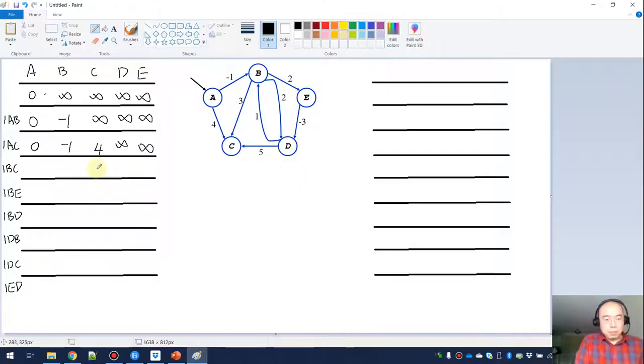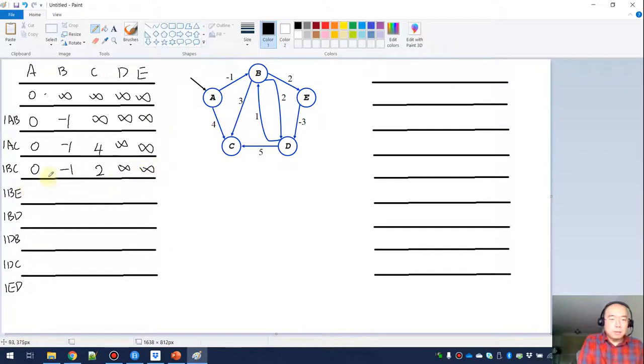Do we want to apply the relaxation? The answer is yes, because now we have found a shorter path: from A to B, and then from B to C. That is -1 and 3, so it will be 2. That is a shorter path, so we have to update that.